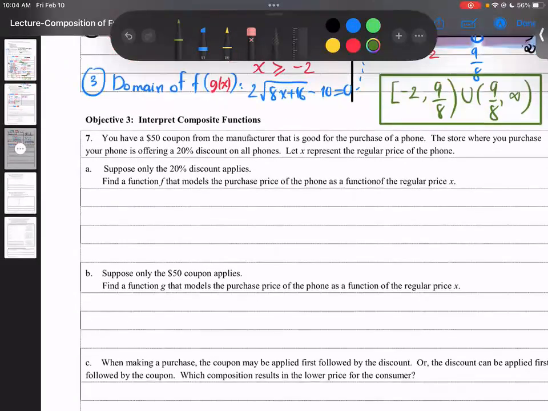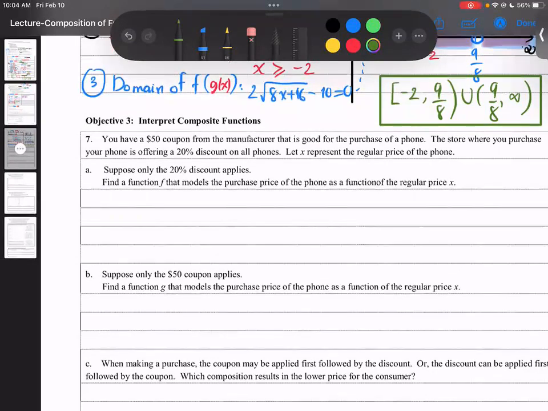Now, scenario 1. Suppose only the 20% discount applies, so they don't let you combine the coupons. Sometimes they do that. They will say only the 20% discount applies. So what does that mean? Find a function f that models the purchase price of the phone as a function of the regular price x.